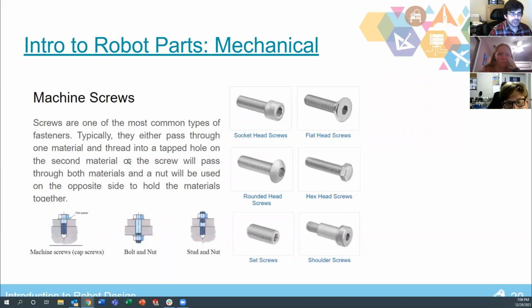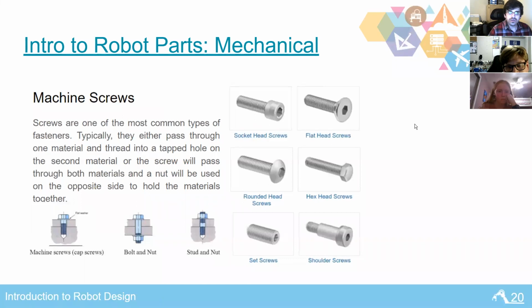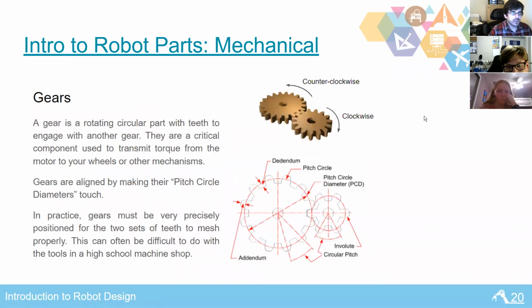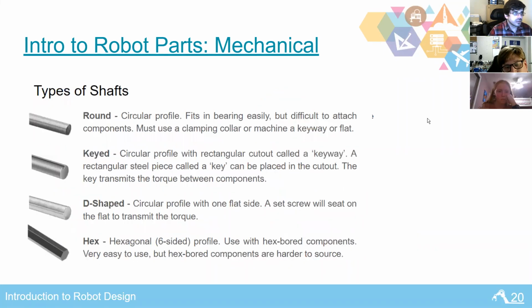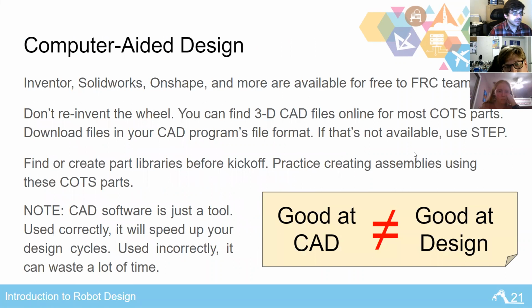This slide here is just showing the screws, but I'm going to start with this intro to robot parts presentation once we get through this slide deck. So that's kind of what we'll transition into. We'll come back to this. Just another slide showing different things. More of the same.